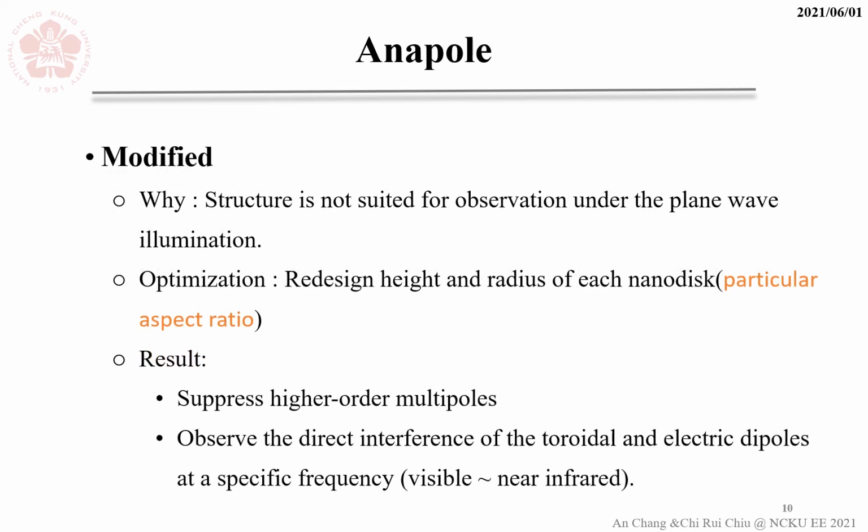As this type of structure is not particularly suited for observation under plane wave illumination, they demonstrate that by optimizing the height and radius of each nanodisk, it is indeed possible to suppress high-order multipoles and observe the direct interference of toroidal and electric dipoles at the spectral frequency, which can be tuned in the visible and near-infrared.